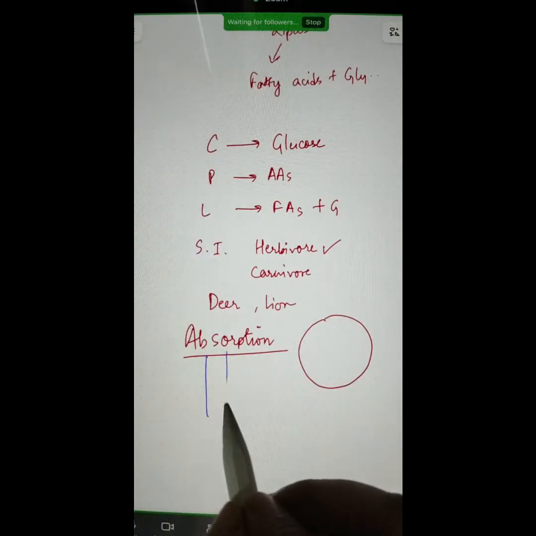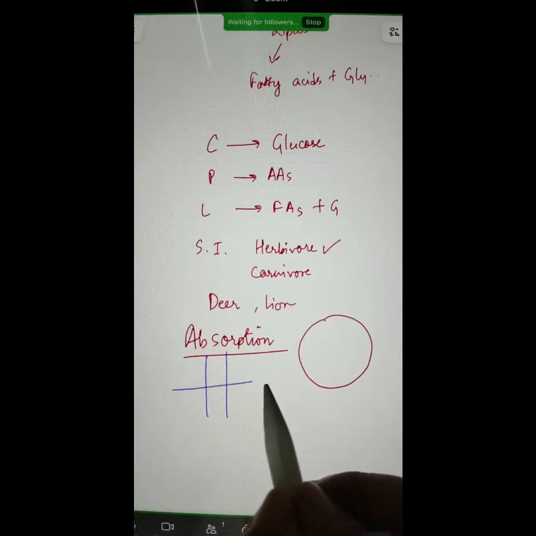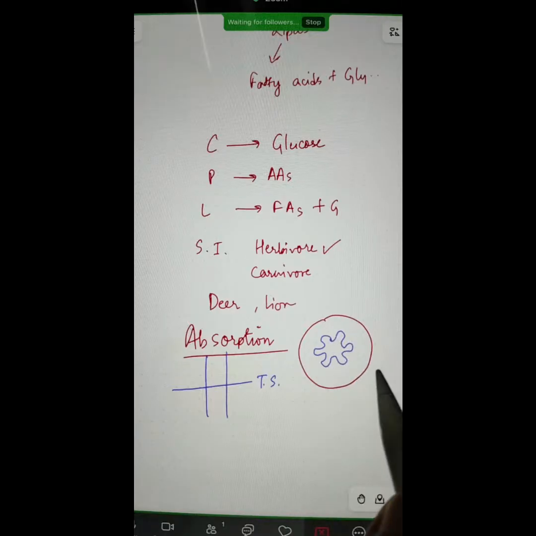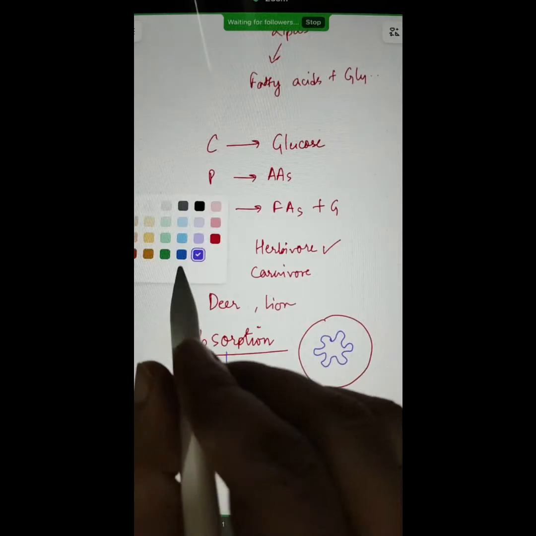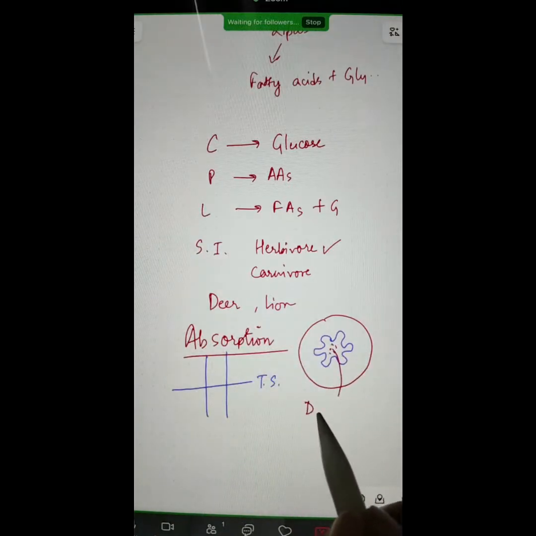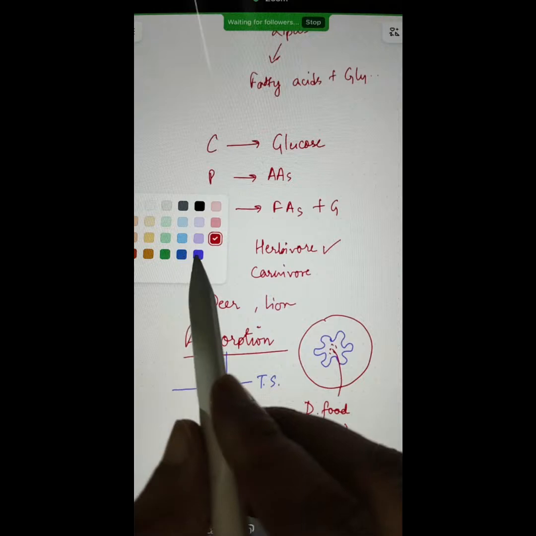Suppose this is the small intestine and I cut a section of it, like a transverse section. This way you will be able to see a part of the small intestine, right? Here we have our food. This is our digested food in the lumen, or the central region of the small intestine.